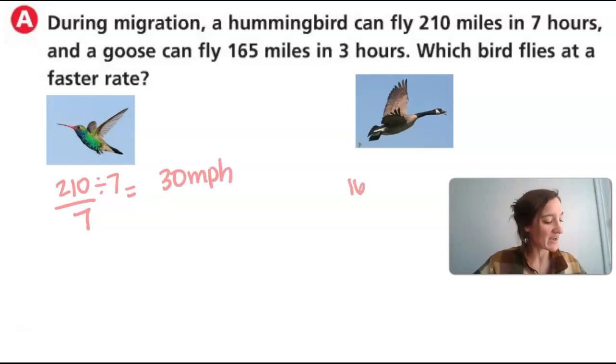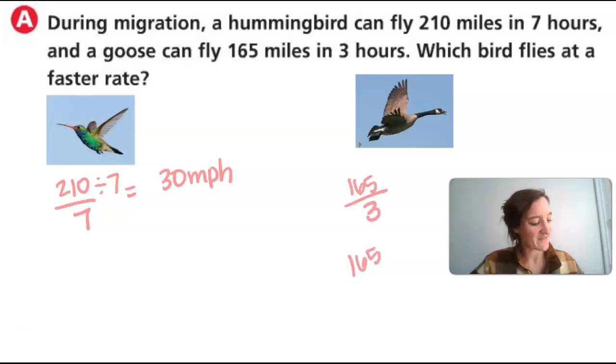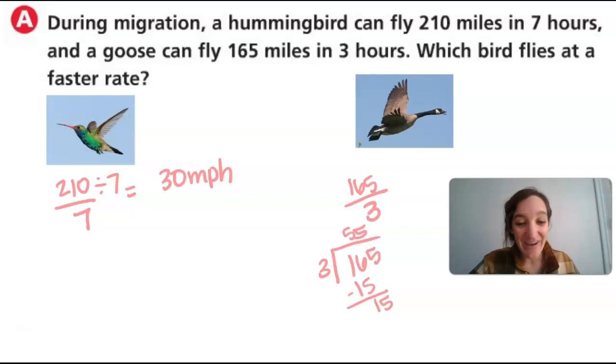And with the goose at 165 miles in 3 hours, you are going to take 165, divide that by 3, and get, ooh, wow, 50, not 3, just a second, 50, go back, I did that wrong, 55, right? 55 miles per hour.